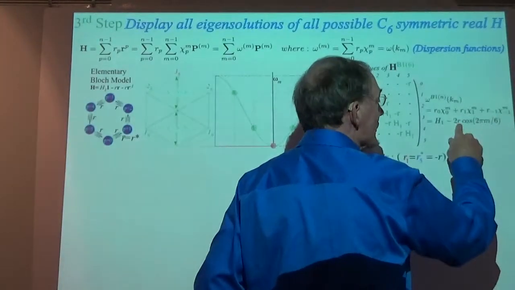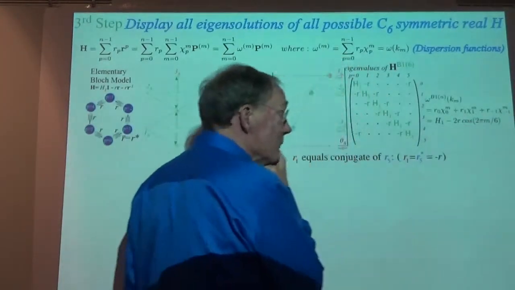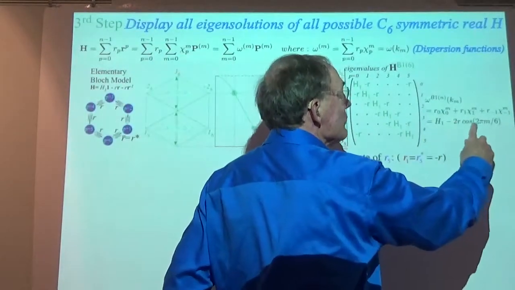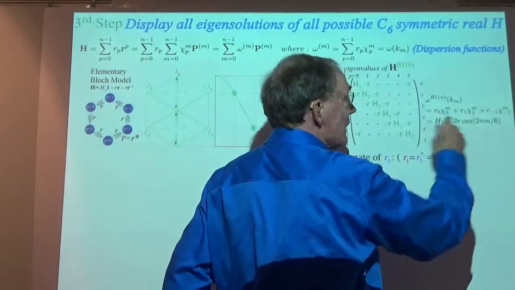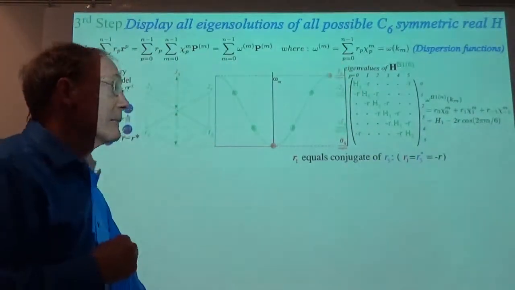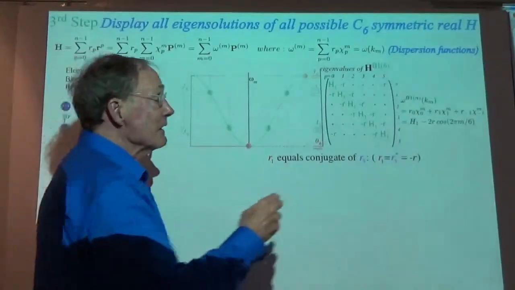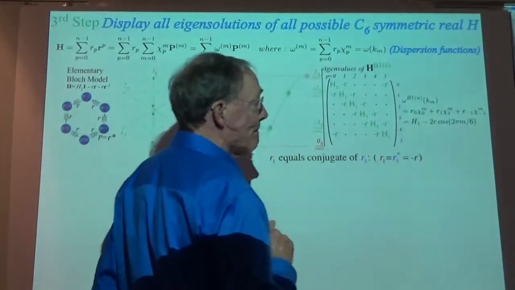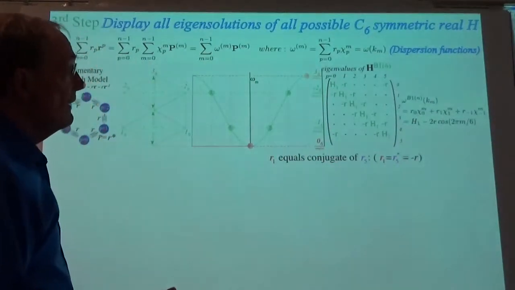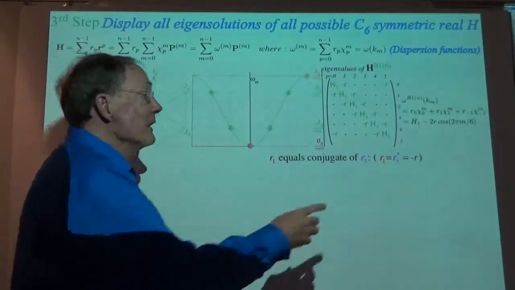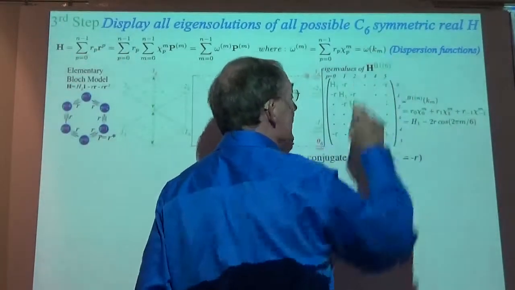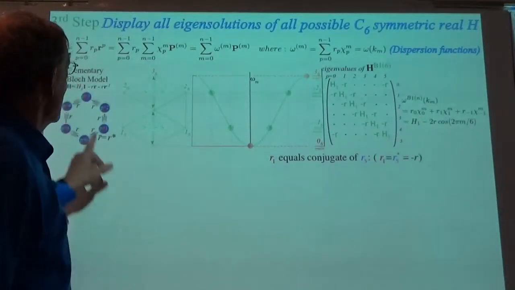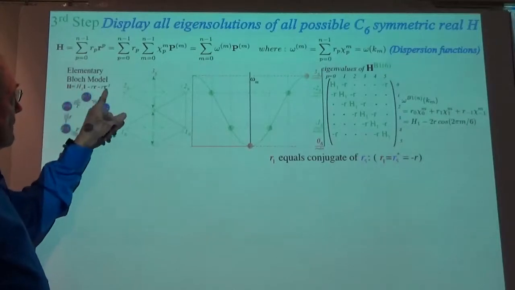And I'm summing them with both being equal, r1 equal to r minus 1 equal to this r. Then I get a cosine with a factor of 2: e to the i a plus e to the i minus a is what I'm getting from this one. That's cosine of a times 2. All right, so that's the dispersion function of m, right there. That's this thing. And that's all there is to it. That's the block dispersion function. Elementary block model.